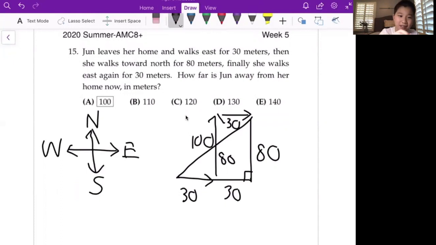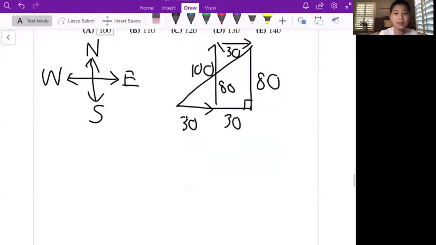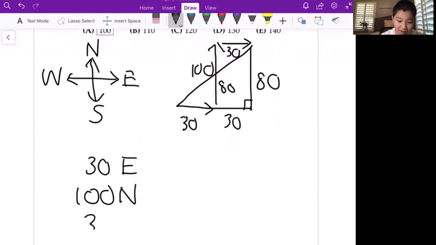So to make it easier, let's think about it: she went 30 to the east and then 100 north and then 30 east again. So her total eastward displacement, as they would call it, is 60 to the east.